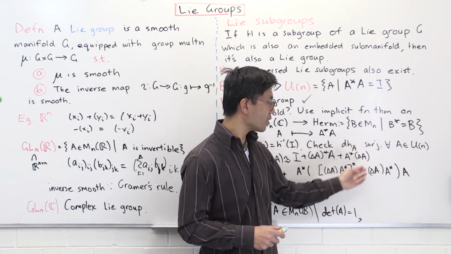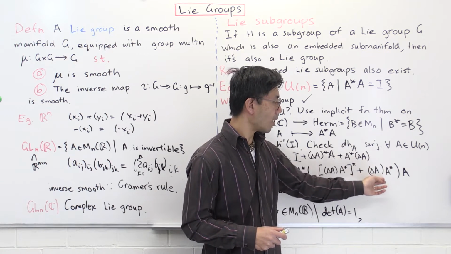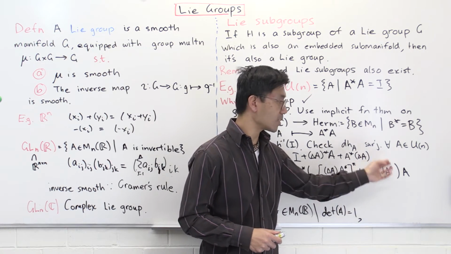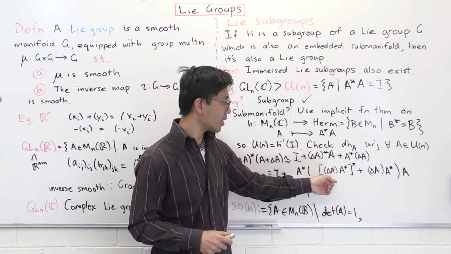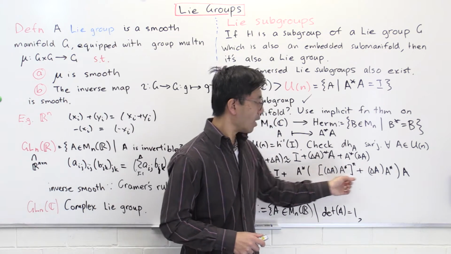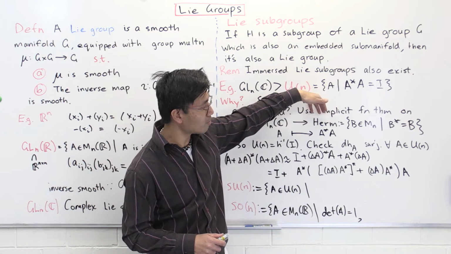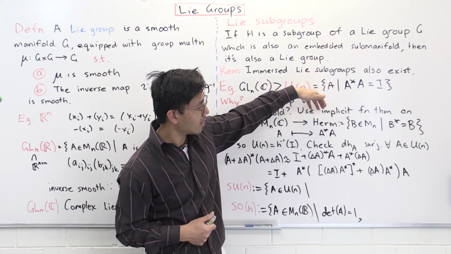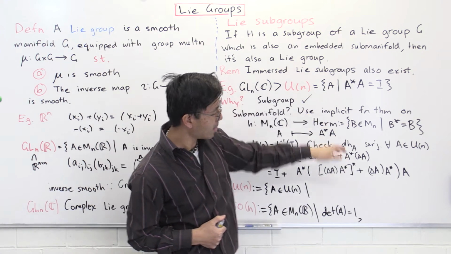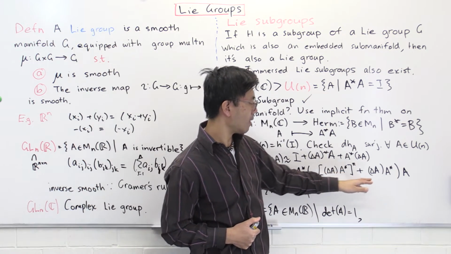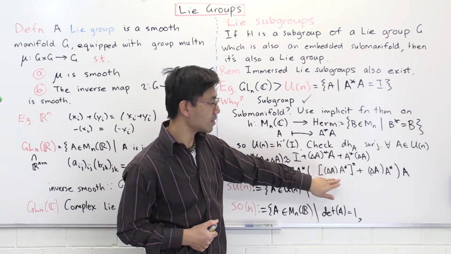So you're saying as you range over all possible n by n complex matrices and add each to its adjoint, it's quite easy to see that you range over all Hermitian matrices. Any Hermitian matrix can be written as the sum of a matrix and its adjoint.